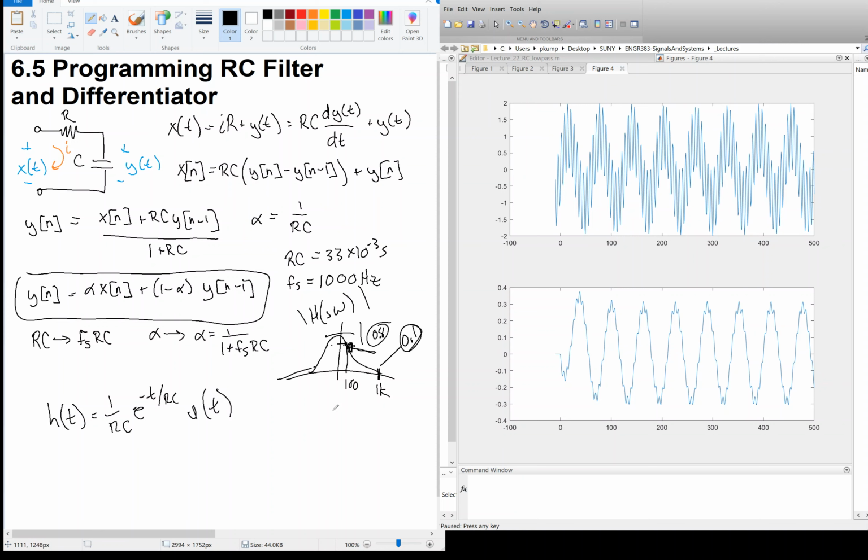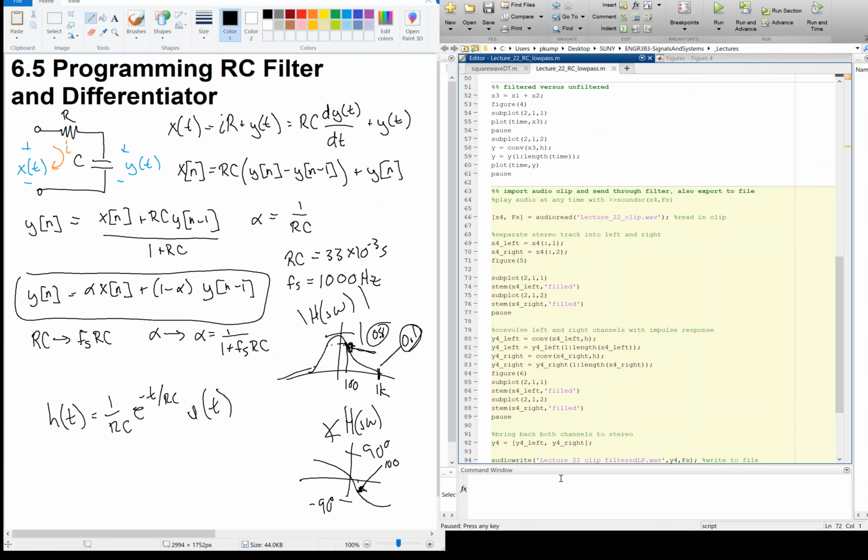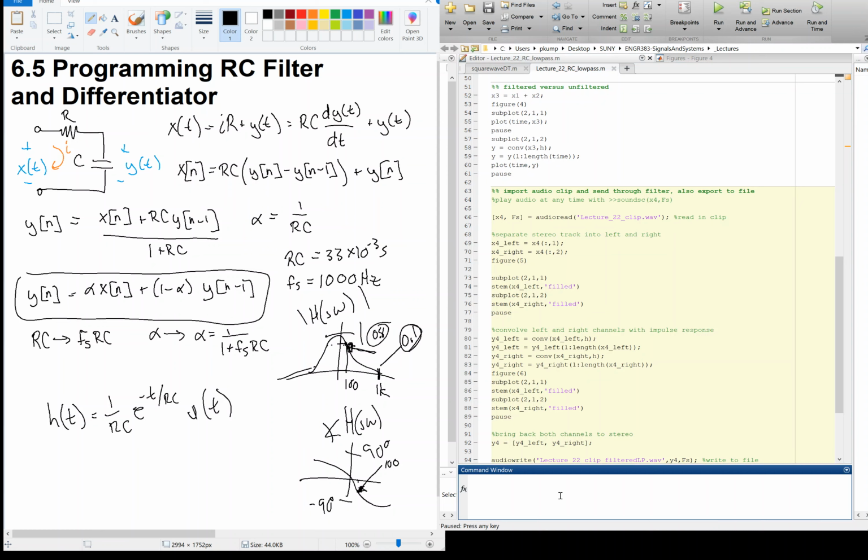The phase response of the RC circuit introduces some phase difference. So here's the 100 hertz signal. So there's going to be a lag at 100 hertz. So yes, even the 100 hertz gets a little bit of phase distortion. So that may or may not impact your system. But anyway, we have that as well. So now let's continue on with the demo.